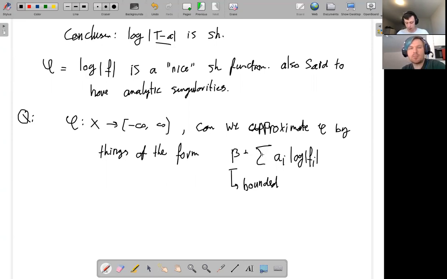And technically, I think you want the thing by which you approximate this phi to locally look like this, on what they call affinoid open domains or something, but I don't know too much about that. To me, it's just a global statement, but I think that's sort of a detail for us.